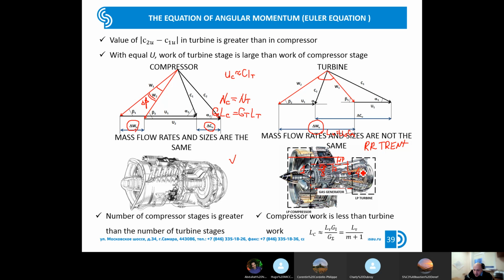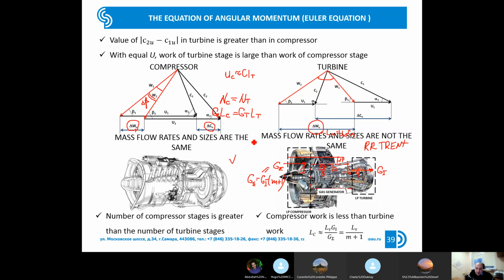And let's look at the working process of the low pressure cascade. Here, through the low pressure turbine, we have a mass flow rate approximately equal to the mass flow rate through the core. And here through the fan, we have the total mass flow rate through the engine. We could calculate it: G total equals G1 multiplied by (m plus 1).